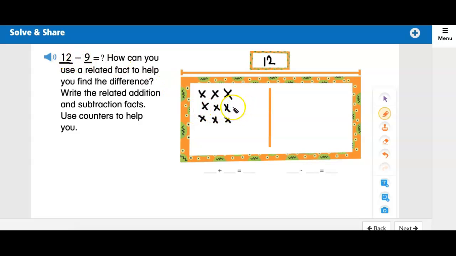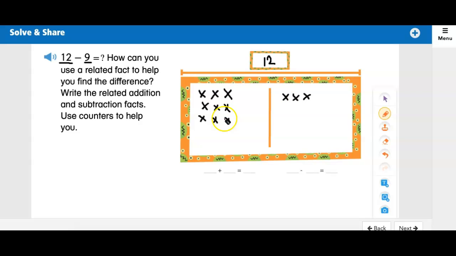So if we have 9, we need to count on until we get to 12. So let's count on. We have 9, and then in this side, we'll say 10, 11, 12. So to get from 9 to 12, how many more did we have to add?